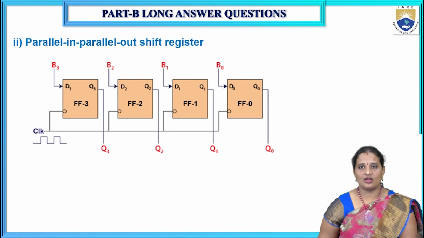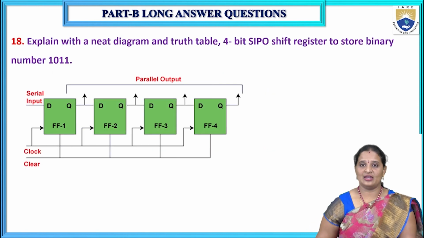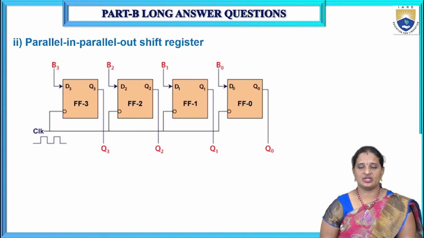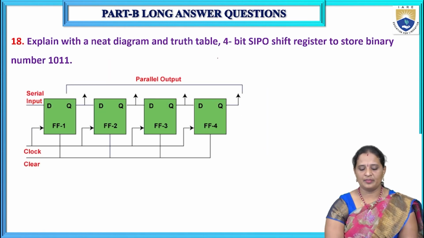Now parallel in parallel out, explain how the shift register operates in parallel out mode. So how the inputs are applied parallelly and the outputs are read parallelly, and then give its truth table and even timing diagram. Now explain with neat diagram the truth table of 4-bit SIPO, that is serial in parallel out shift register, to store 1011.